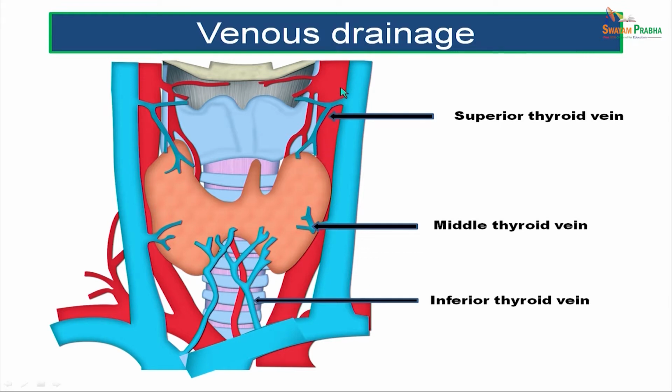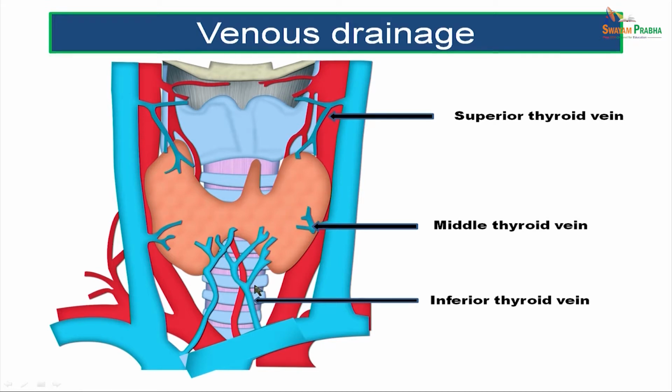The superior thyroid vein is going to pass along the medial border of the omohyoid, whereas the middle thyroid vein is going to pass along the lateral border of the omohyoid. Both these superior and middle thyroid veins will be ending in this vein, that is the internal jugular vein. The middle thyroid vein is the widest among these veins.